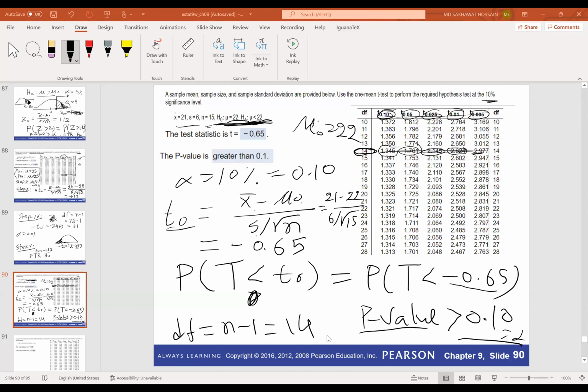Okay, if you want to get the exact p-value, this is actually a partial t-table. This is not the complete t-table.